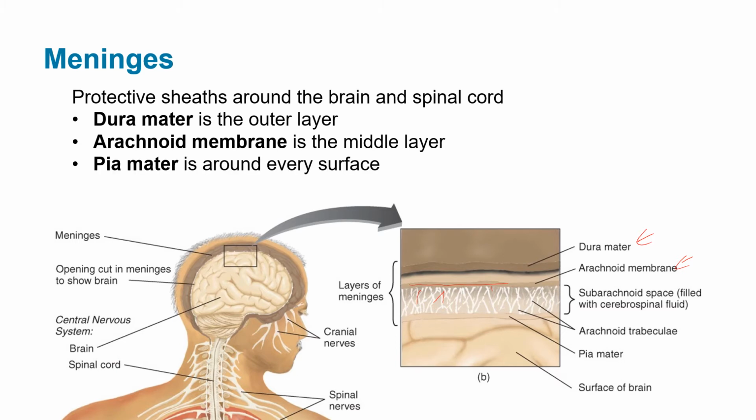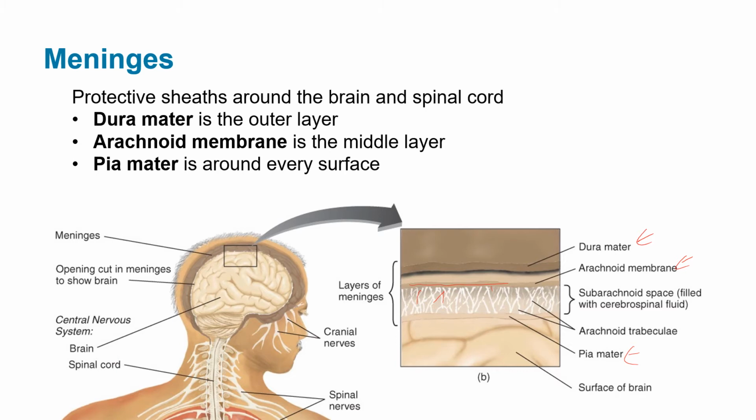And then on the inside of that, you've got the pia mater, which basically contains all the blood vessels that carry nutrients to the central nervous system. This is a weaker area, but it's the nutrient area, carrying nutrients to the brain and spine. And then, of course, under that, you've got the brain.